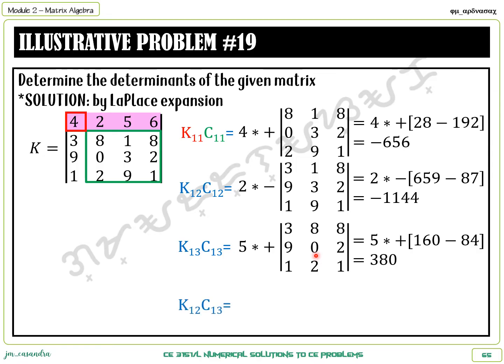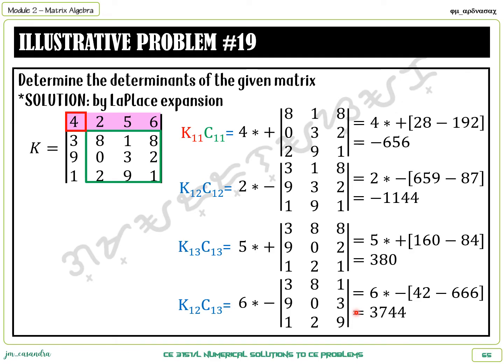And then lastly, we have E14 times C14, which is equal now to 6 times its cofactor, which is negative, times the minor matrix, which is equal to 6 times negative 42 minus 666, or this will give us a value of 3744.